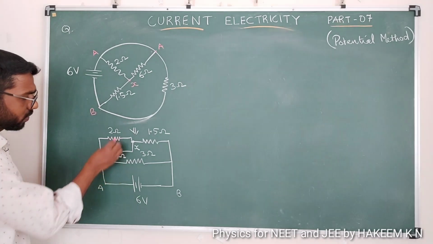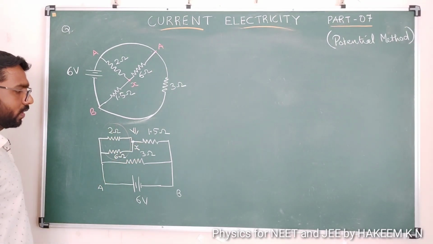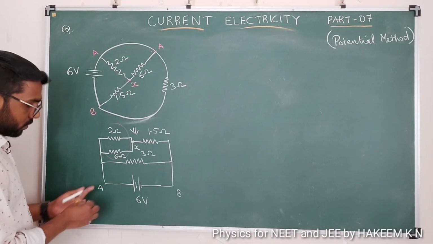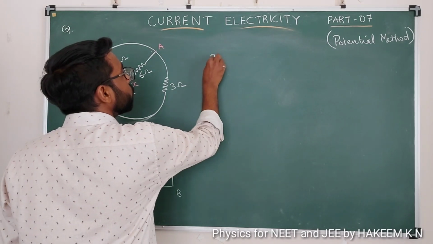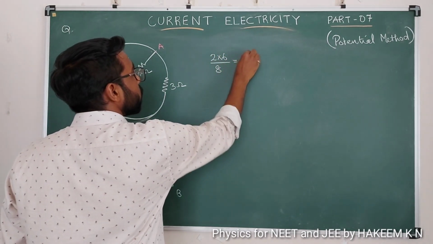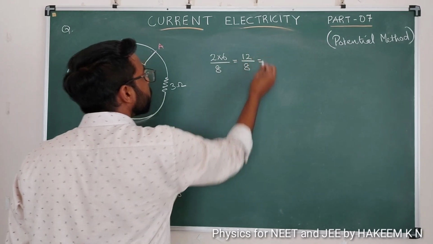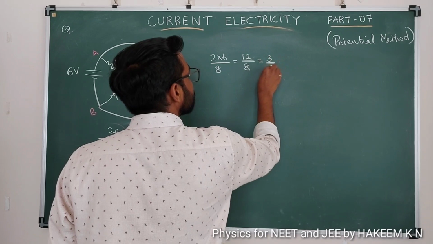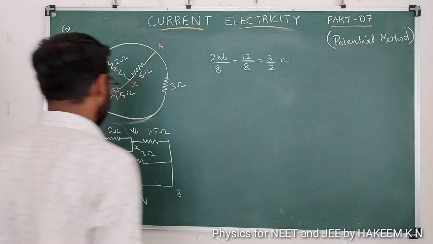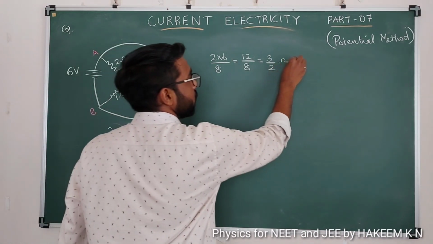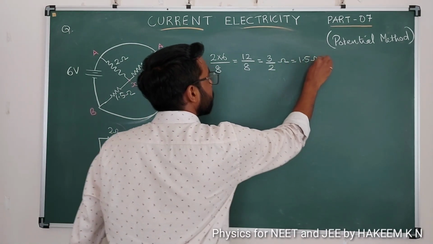Now you can calculate, 2 and 6 are parallel. You will get 2 into 6 by 2 plus 6 is 8, 12 by 8, or you will get 3 by 2 ohm or 1.5 ohm.